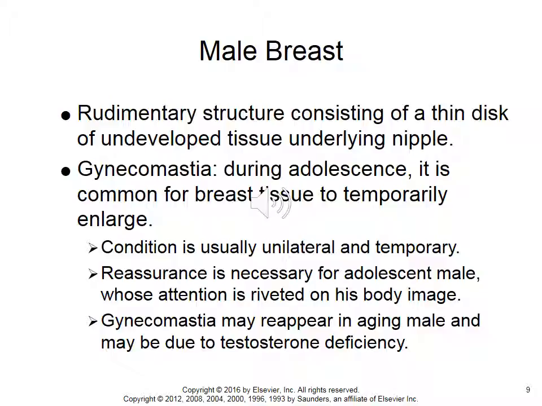It's usually one-sided, usually temporary, so it's important to reassure those adolescent males, if you have them as patients, that this is a normal finding. It can be embarrassing for them, affecting their body image, but reassure them that it does resolve on its own over time. In contrast to that, if you have gynecomastia that reappears in an aging male, that can actually be related to a deficiency in testosterone.